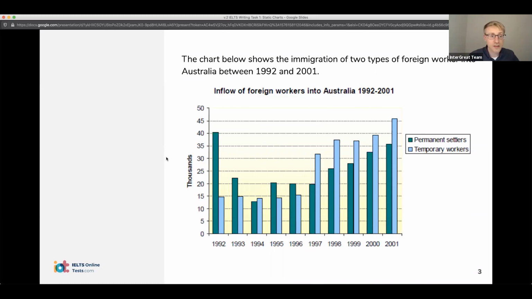Good. So let's see. Elisabetta has a question about the academic and general IELTS test. What's the difference, basically? Okay, well, the purpose is different for a start. Normally, you need the academic if you are going to study in an English-speaking country, but there are some jobs that require the academic, and general training is generally for immigration.